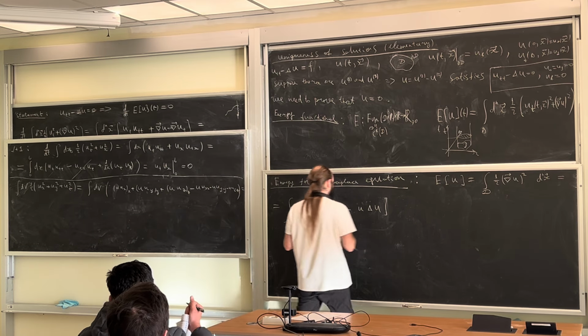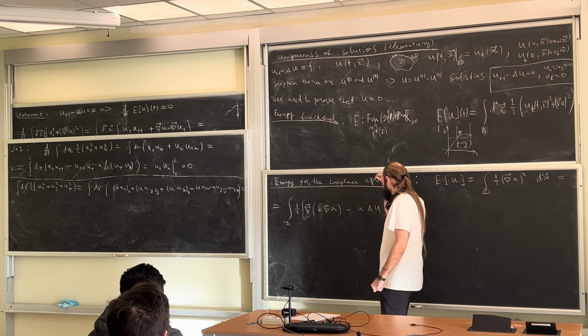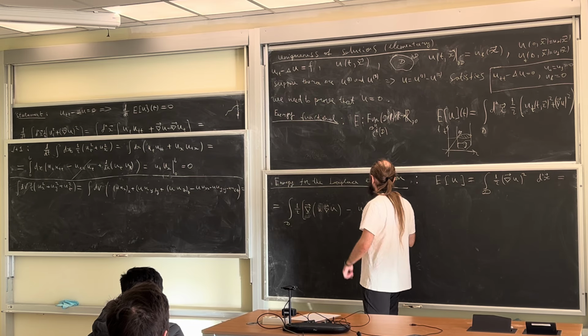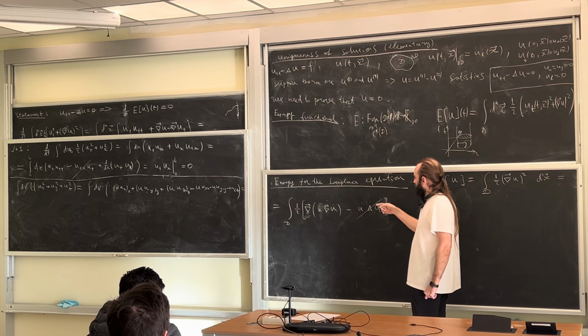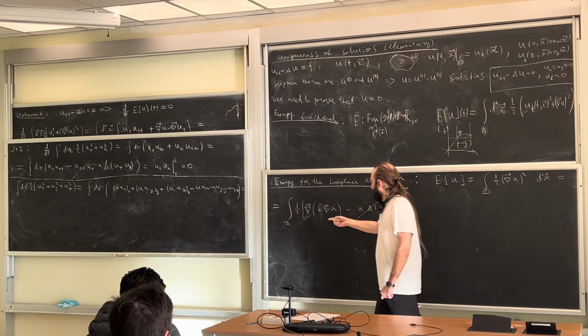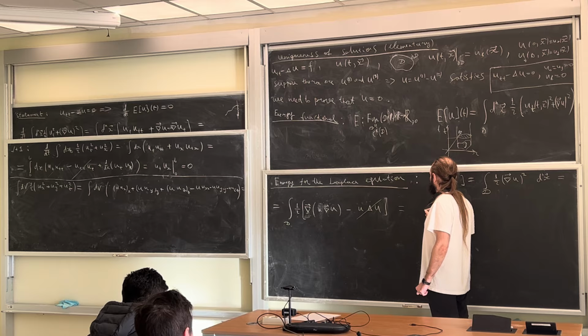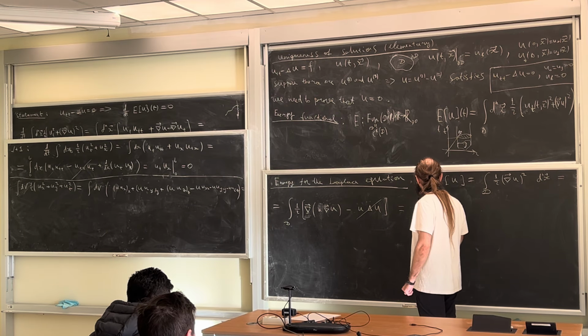In vector notation, it can be written in a condensed form like this. And if our u satisfies the Laplace equation, then this vanishes. We are left with only that term. And here we can apply Stokes' theorem, writing it as an integral on the boundary.